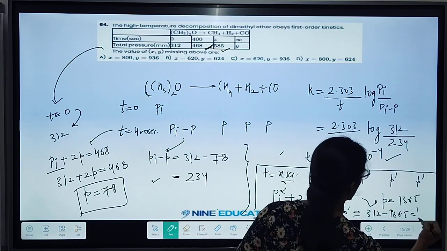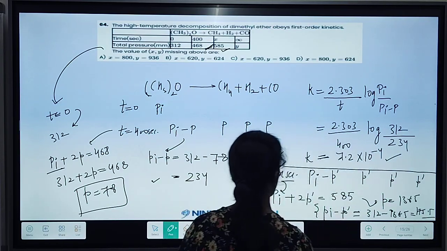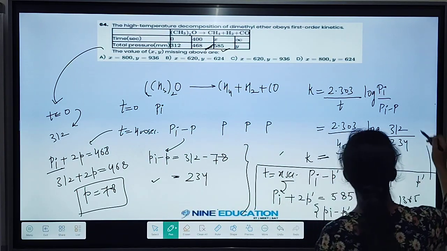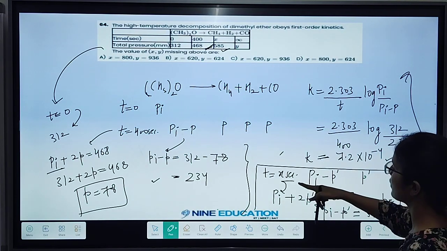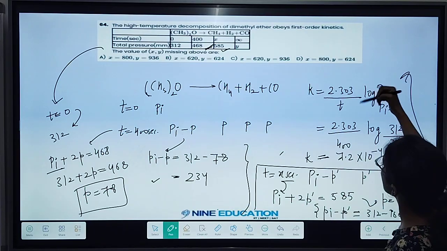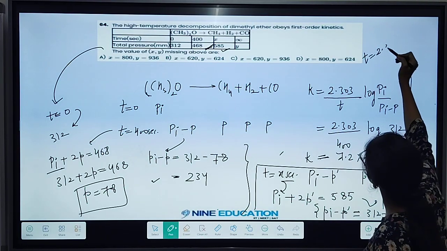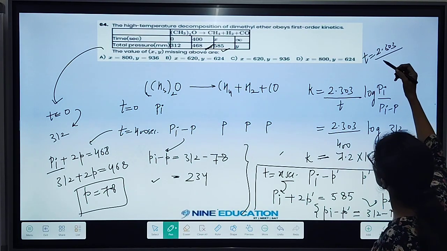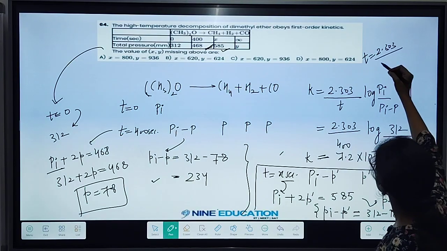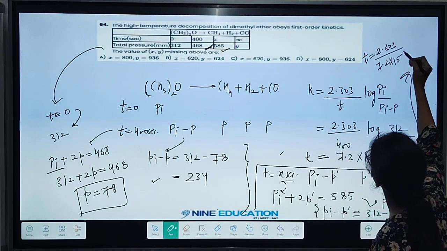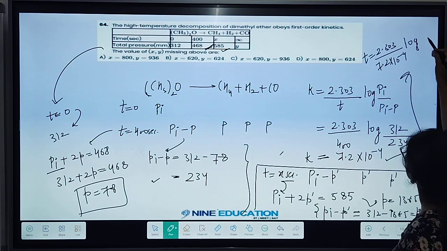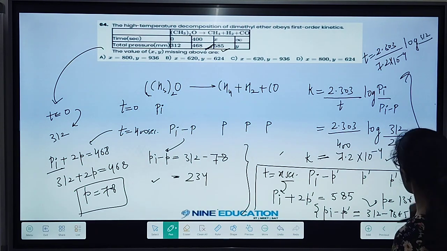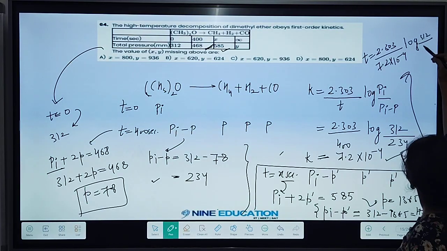312 minus 136.5, it should be coming 175.5 only. And now if we know this, can I do the calculation upside down, like how much time in seconds. So t is equal to 2.303 divided by k, k is 7.2 into 10 to the power minus 4, and here we have log of Pi, given as 312, divided by Pi minus P dash at t is equal to x seconds, which is 175.5.